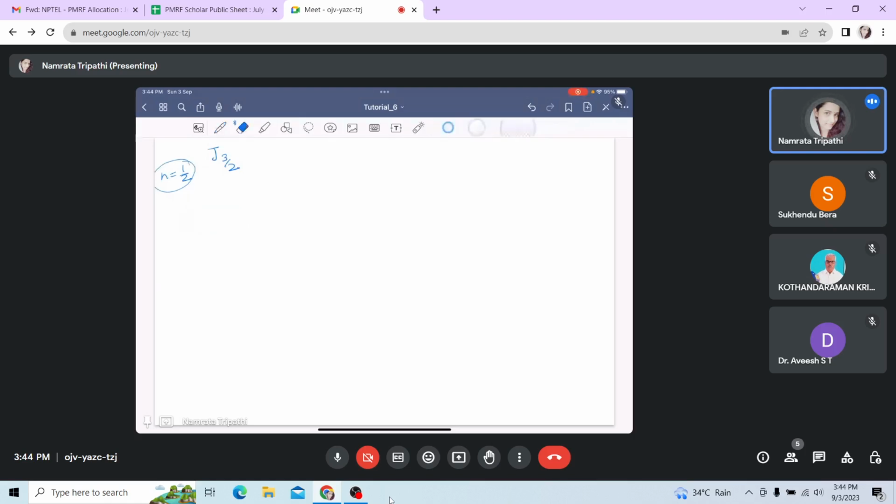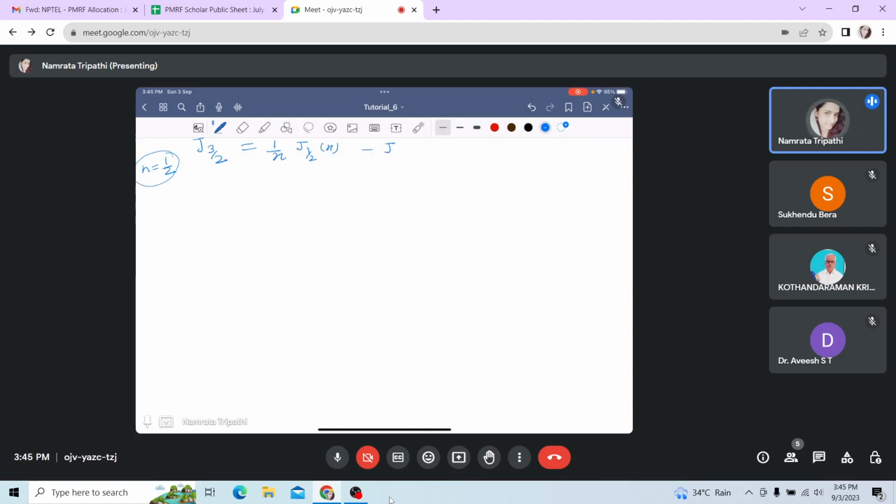So what will be the value of Z 3 by 2? In the recurrence relation, we will use 2n upon x. So 2n means, after substituting 2 into 1 by 2, we'll get 1 by x Z of 1 by 2 of x minus Z of n minus 1.